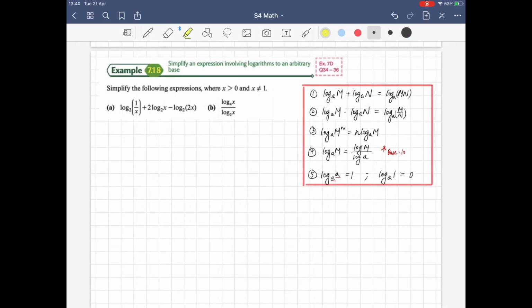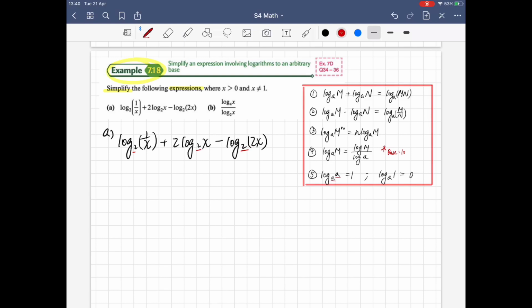So the second example I want to talk about is example 7.18. So in this question, it asks you to simplify the following expressions. Okay, so let's start with part A. So as you can see, they are all using the same base, and therefore we can apply the properties.